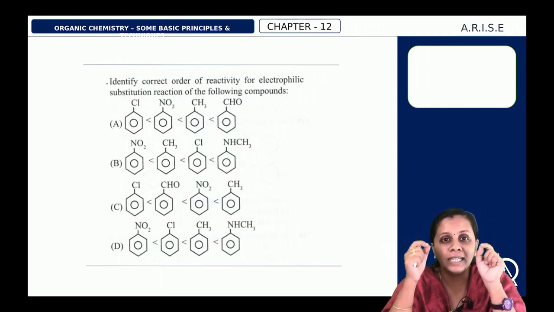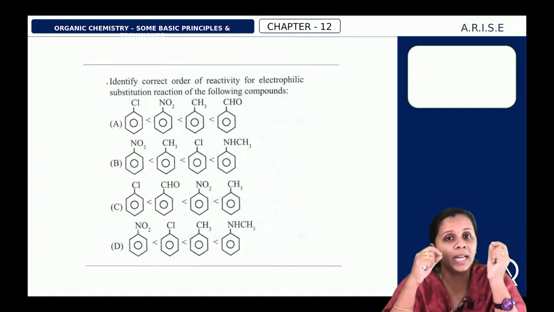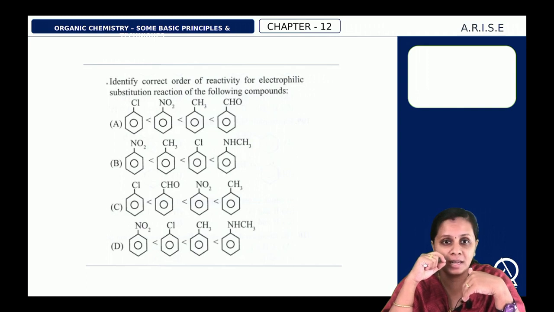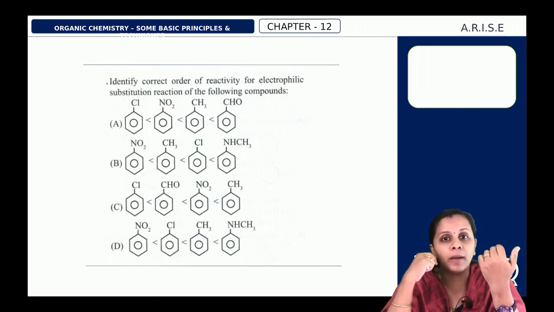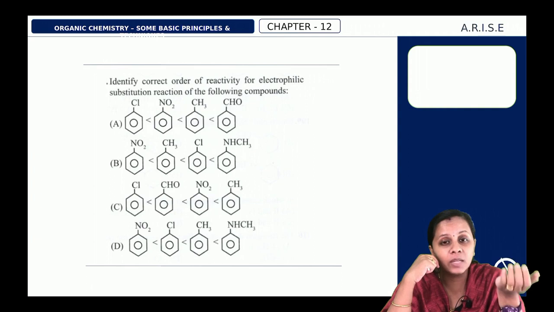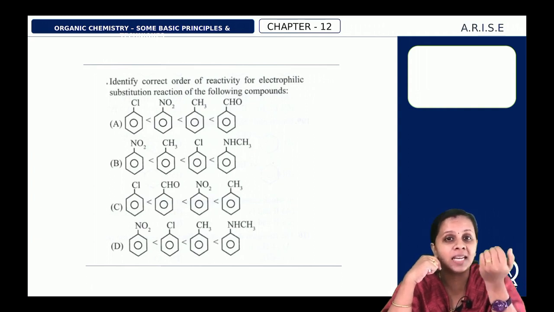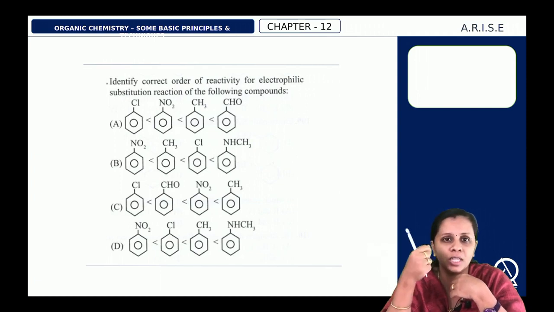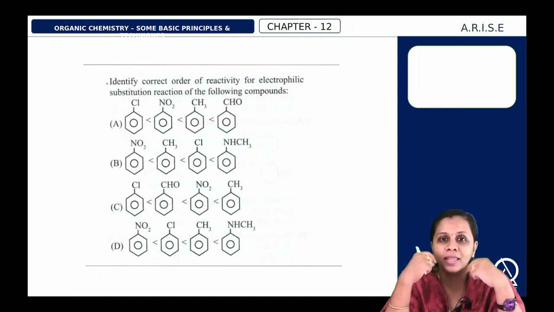Activating groups, mainly ortho-para directing groups except halogens, give electrons to the benzene ring, which increases its electron density, so electrophilic attack is very easy. Meta-directing groups, that is deactivating groups, pull the electrons of the benzene ring, which decreases the electron density and thereby decreases the tendency for electrophilic substitution reaction.